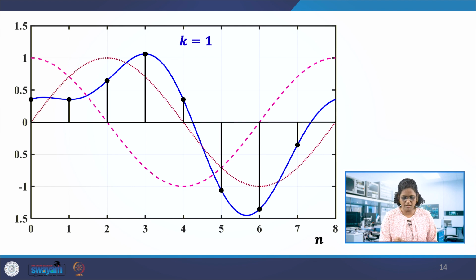So, when we make k equal to 1, it is showing the input signal, and if you see, this is sine and this is cos, 2 pi k n by N, sine 2 pi k n by N, with k equal to 1.